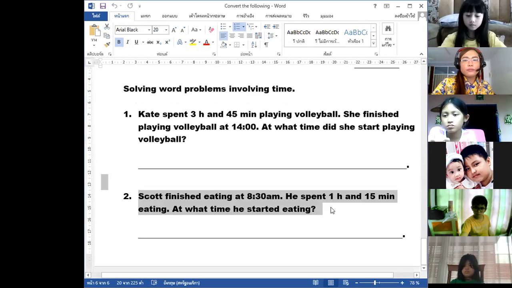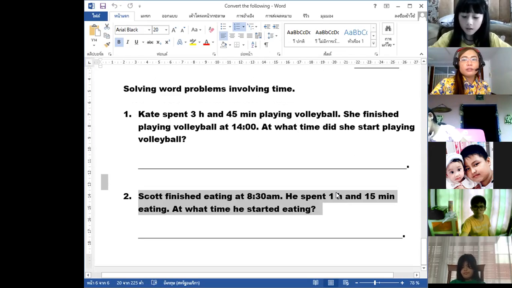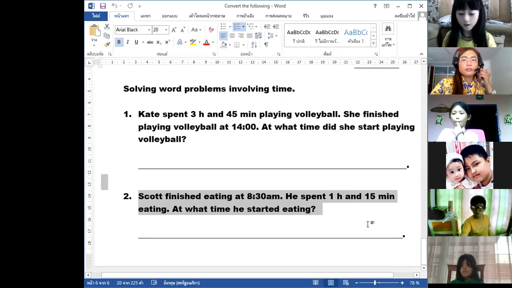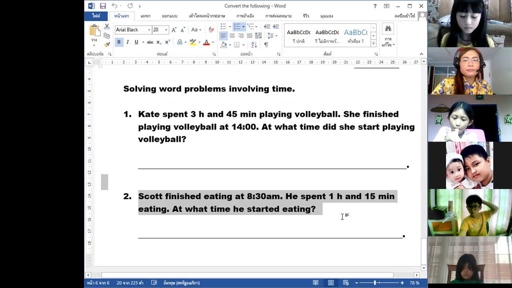Scott finished eating at 8:50 a.m. He spent 1 hour and 15 minutes.